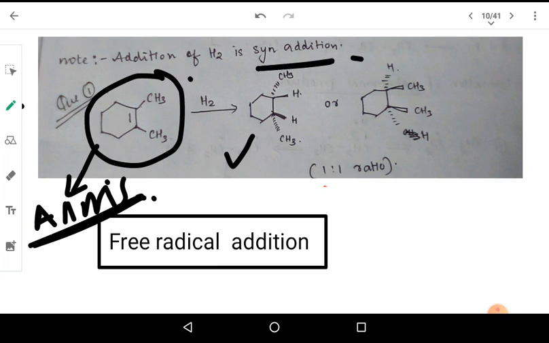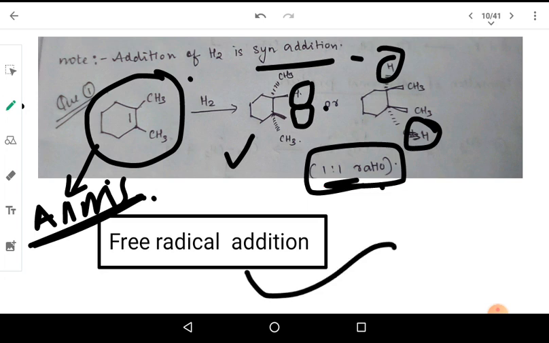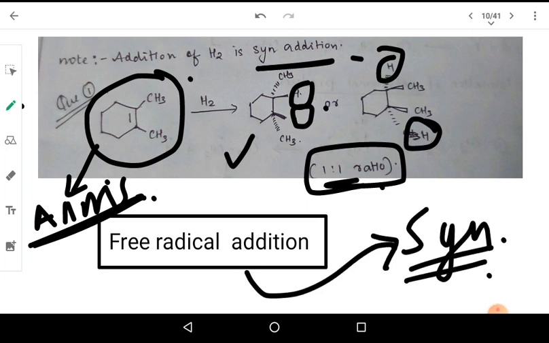Here we can see that the hydrogen is added in such a way that it is facing the observer, and here it is added in such a way that it is moving away from the observer. So these are the two different possibilities in which we can add hydrogen, and we will get two different compounds in the ratio 1:1. So that is why it is a free radical addition and also a syn addition if we are considering the stereochemistry.